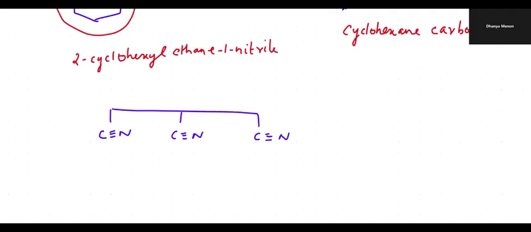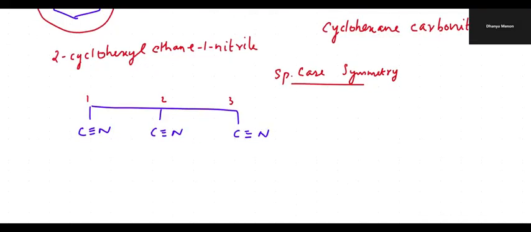So here we don't number the carbon of the functional group. Instead, we write, so this is the special case of symmetry. This was also discussed when we discussed acids, etc. Here there are 3 carbon atoms in the main chain, so propane, and we don't number the functional groups.